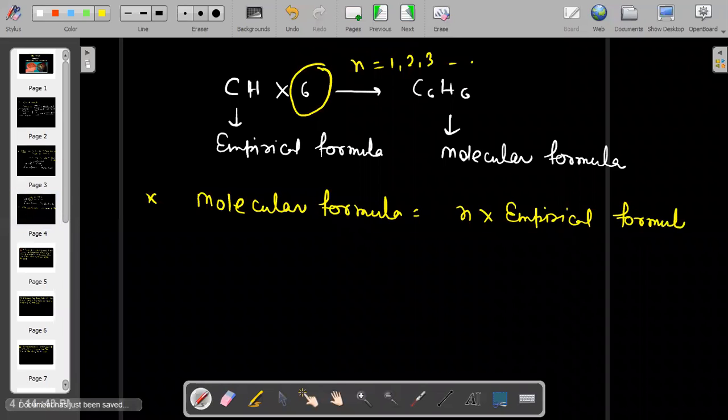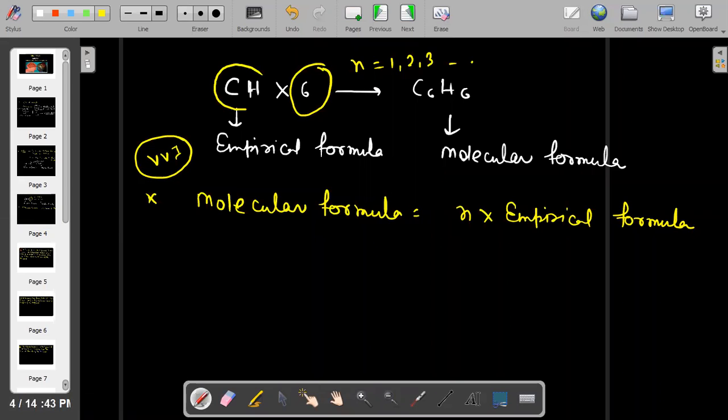Always remember, this is a very, very important derivation. What is empirical formula? The simplest ratio of atoms present in a molecule. The actual ratio of atoms present in a molecule is called molecular formula. What is the relation? Molecular formula is equal to N multiply empirical formula.